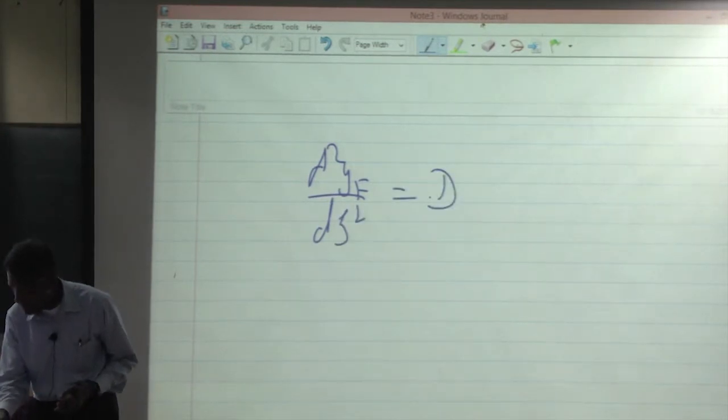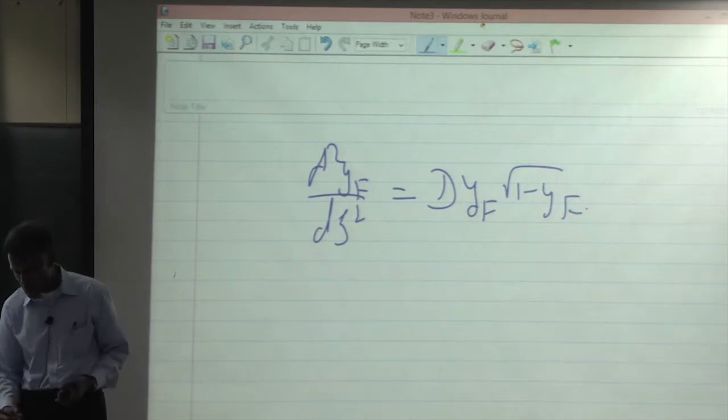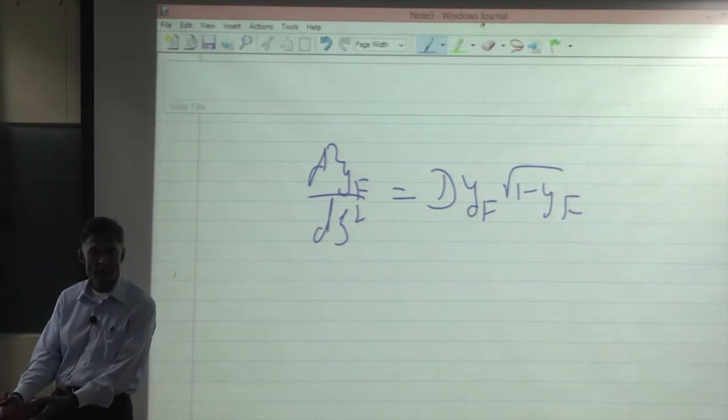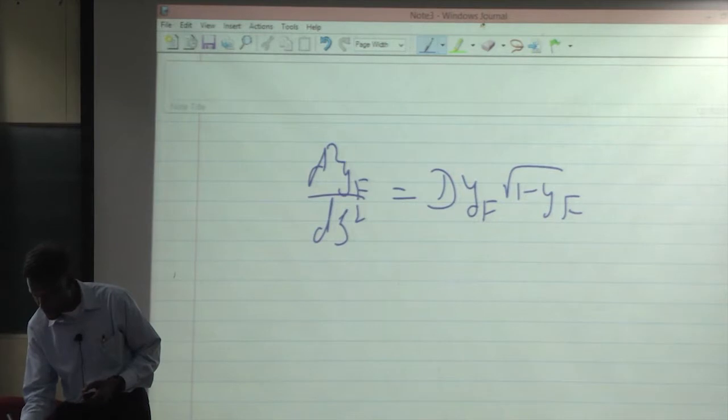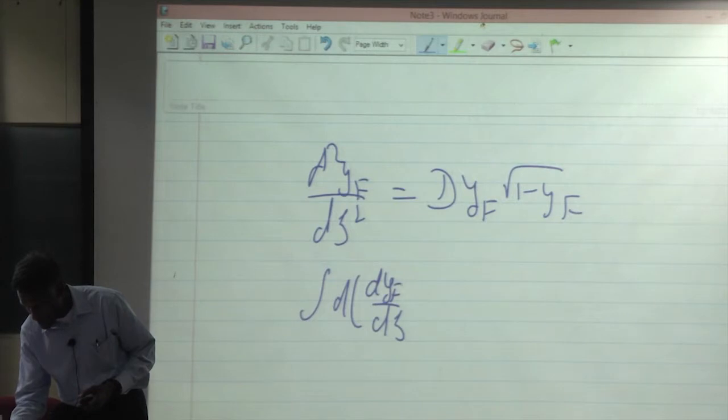I'm just going to put that D. This D represents all that thing. Y_F times square root of 1 minus Y_F. So now you can integrate this very easily. For example, use what I said, the energy integral, dY_F over d zeta. So let's put a square over here.